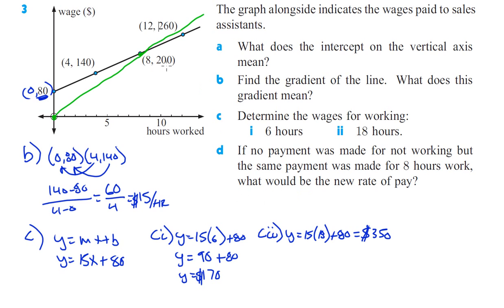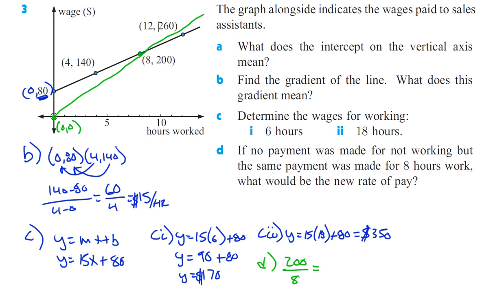Well, we've got 0, 0 here, right? So we would do 200 minus 0 over 8 minus 0. So that's 200 over 8.